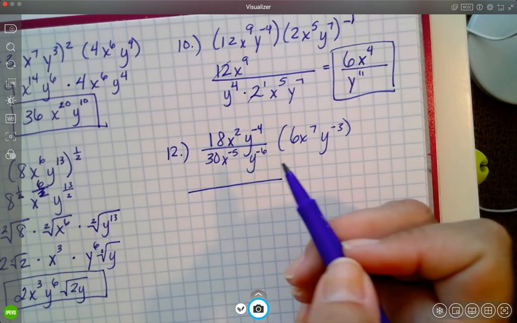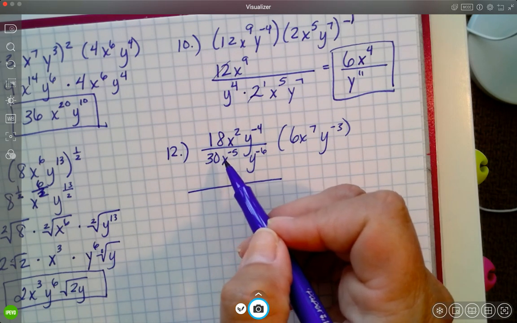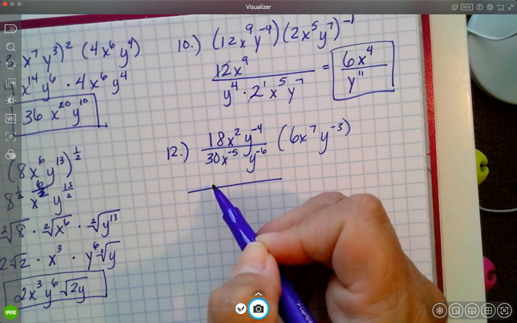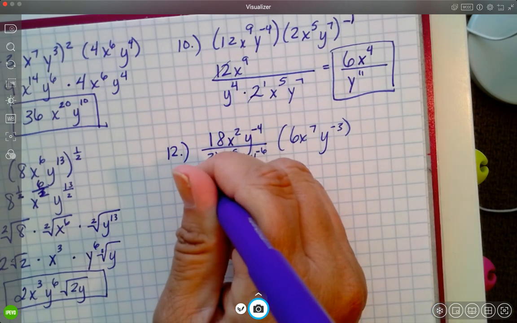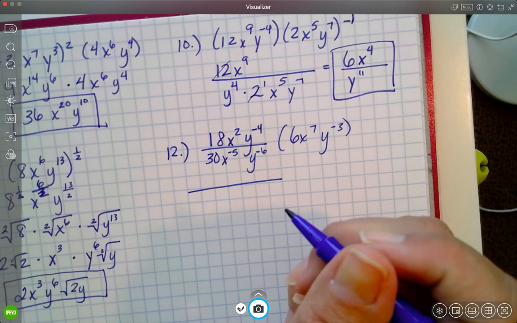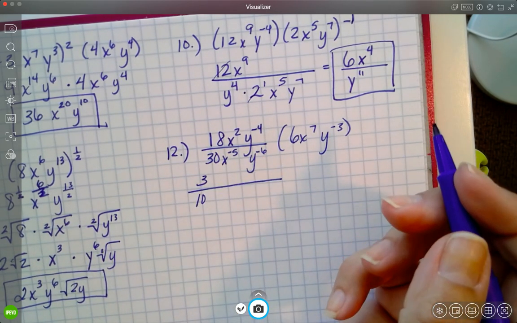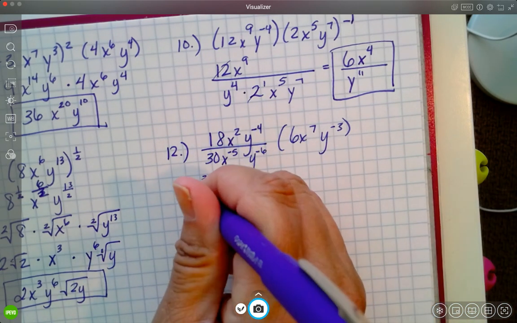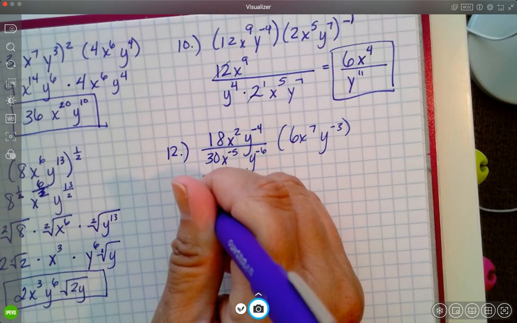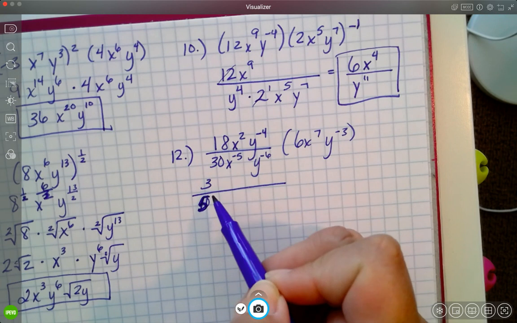So 18 and 30 can simplify to 9 over 15 or 3 over 10. Actually, 3 over 10. Right? 6 goes into, oh wait, 5. Right? Because 6 goes into 18 3 times, goes into 30 5 times.